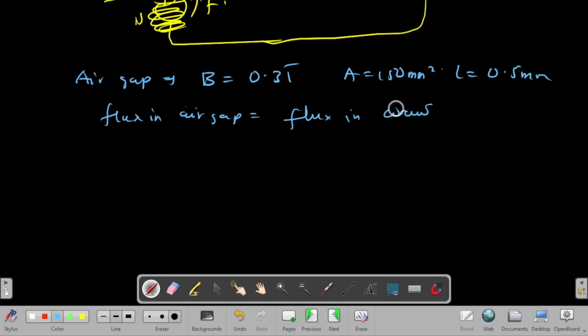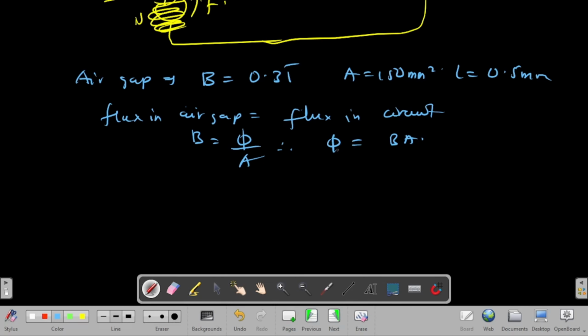Therefore, flux is equal to B times A. When I get this and I get my R, I can get my F.